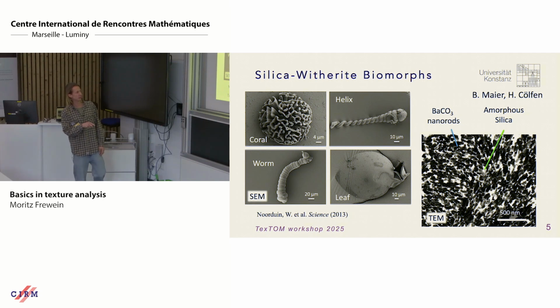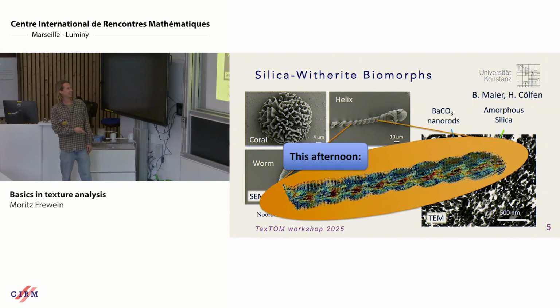We can see here in the TEM image there is some arrangement of these crystals, which are probably kind of textured. So this afternoon we are going to construct a piece of such a helix. Just as a little spoiler.